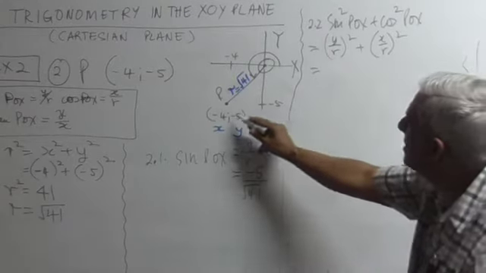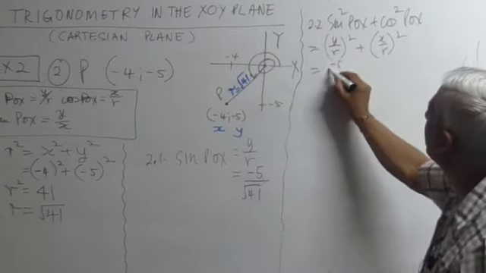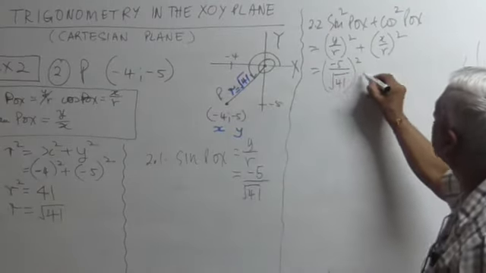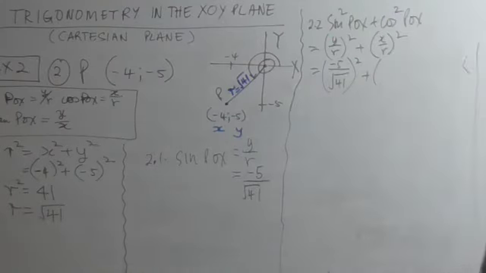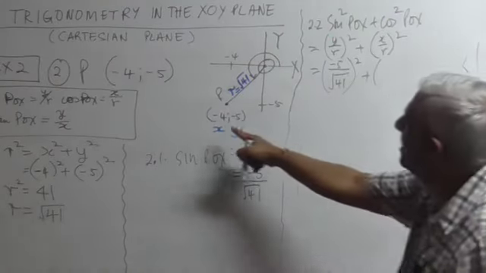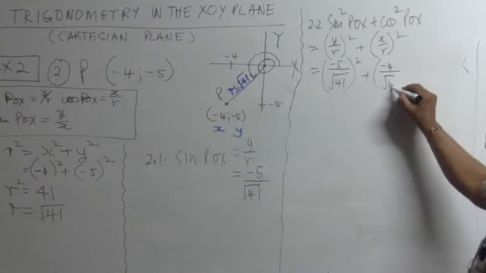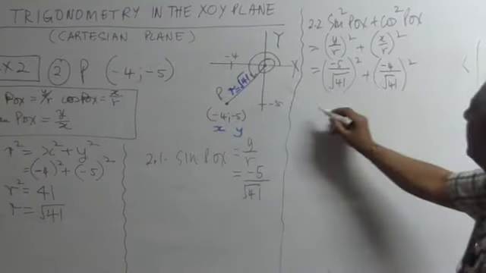So y is negative 5: (negative 5 over root 41) all squared, plus x, which is negative 4: (negative 4 over root 41) all squared.